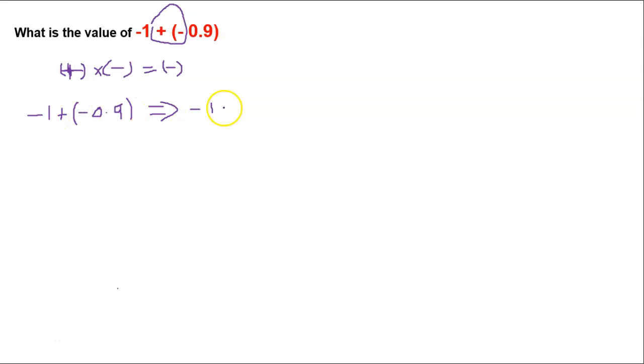This is the same as -1 minus 0.9. And here, let me circle it.